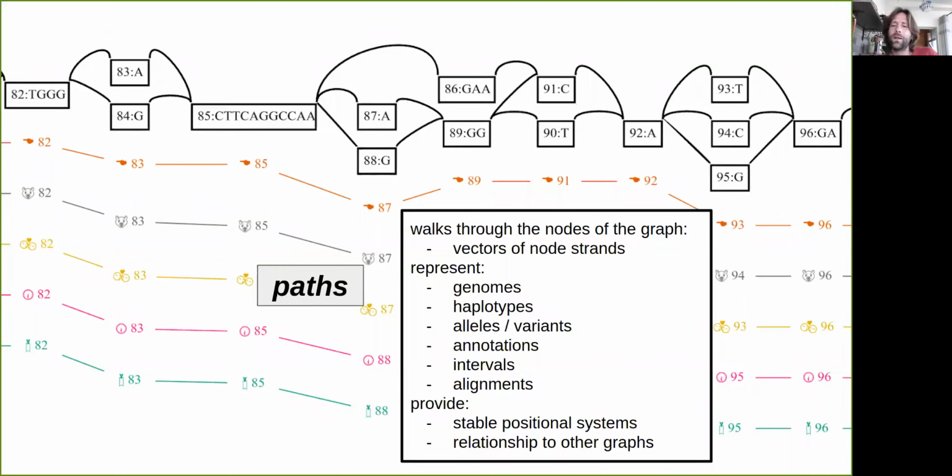And any linear system in genomics can be projected into one of these. So a genome, a haplotype, alleles, and variants are just collections of walks at the same locus in the graph. Annotations and intervals are subsequences, and so those are walks as well.